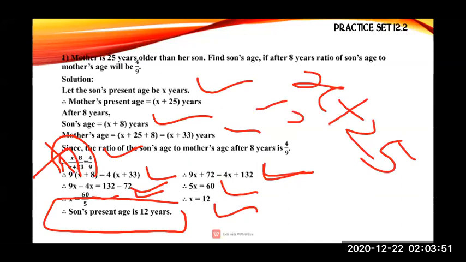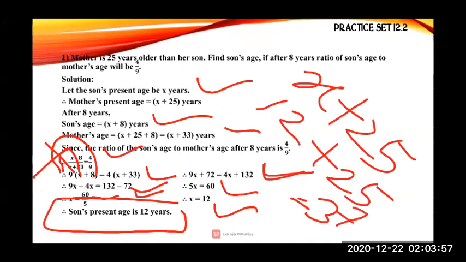That means 12 plus 25, so it becomes 37. So the mother's age will be 37. But they have not asked. I'm just telling you. If they ask like this, you have to find like this only. So here the son's present age is 12 years.